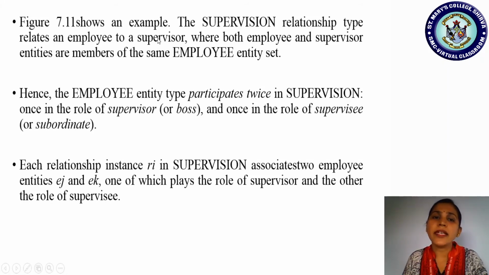So a supervisor by himself is an employee. Hence, the employee entity type participates twice in supervision, once in the role of supervisor, that is boss, and once in the role of supervisee or subordinate. So here they mean to say both are employees, but in the supervision relationship, any employee participating as supervisor is considered to be a boss.